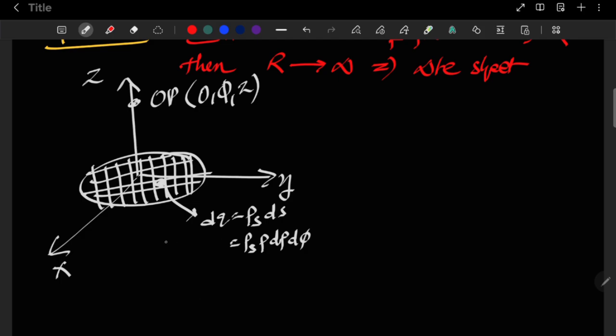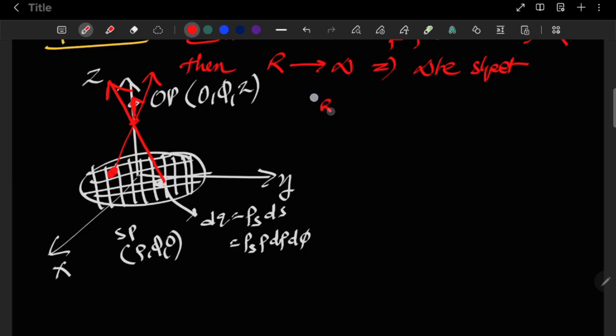And what is SP? SP is given by rho, 0, 0. Then we will take the electric field due to this source point. You may have another source point, and its electric field is in this particular direction. If this is the OP, the resultant direction is in the z direction only. Here also same rules, nothing new.